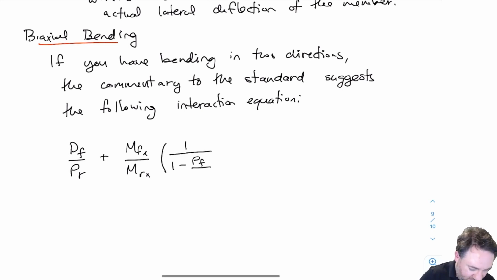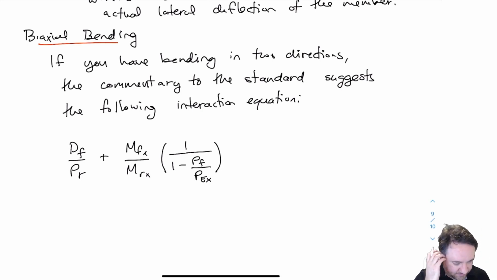So now we have PF divided by PEX, which is the Euler buckling, but in the same direction as this moment for this term, so the X direction. Which means that the I will be that moment of inertia for bending in that direction, and same for the LE, the effective length. So you're going to use an effective length and an I for the X direction bending, which is the bending for MFX over MRX.